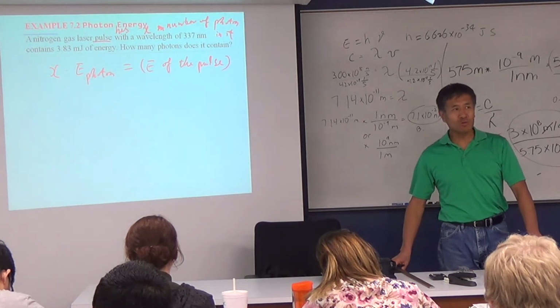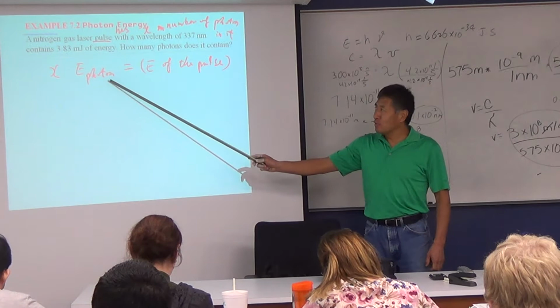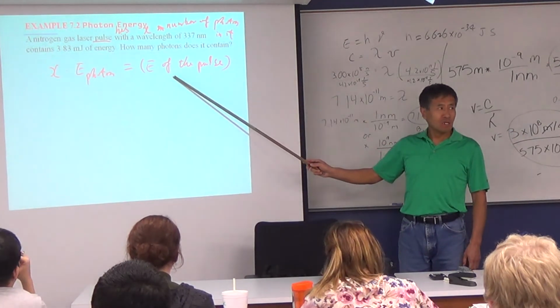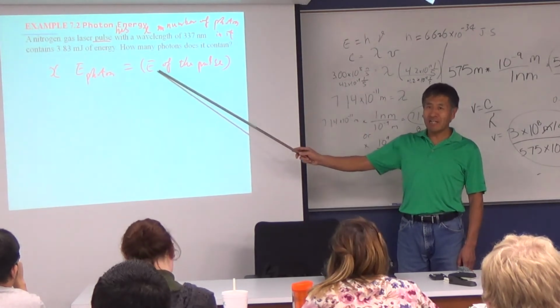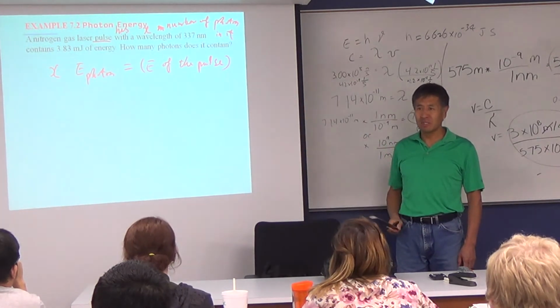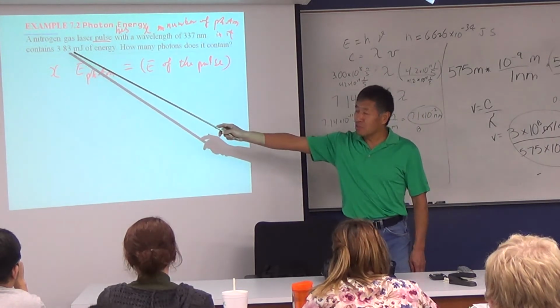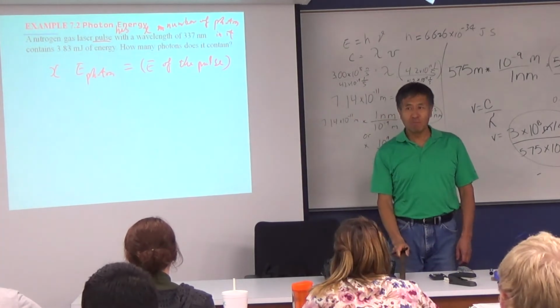X is the one you want to find out. So you have to ask, do we have the other numbers? To find X, you have to know this number and this number. Do we know the energy of that pulse? Right, that is given. This much mJ. What is mJ? Millijoules.